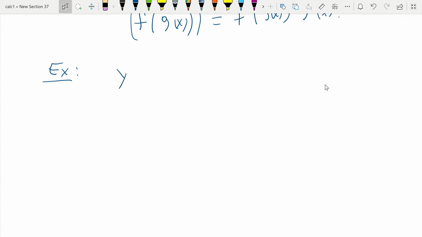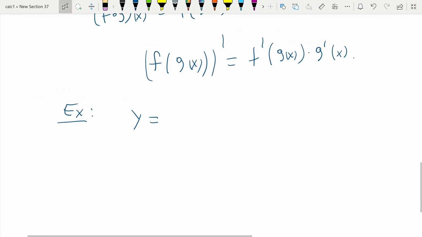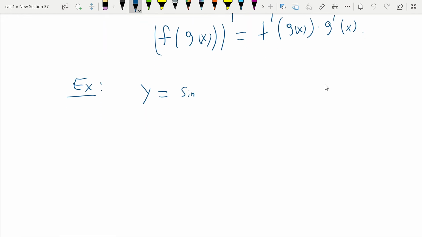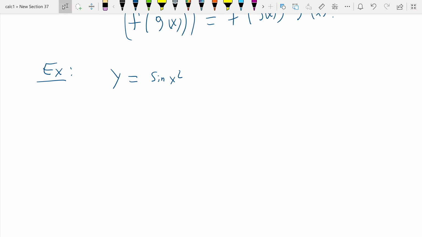So y is the function y of x, which is given by sine of x squared. So what would y prime be? Well, what are the two functions here?